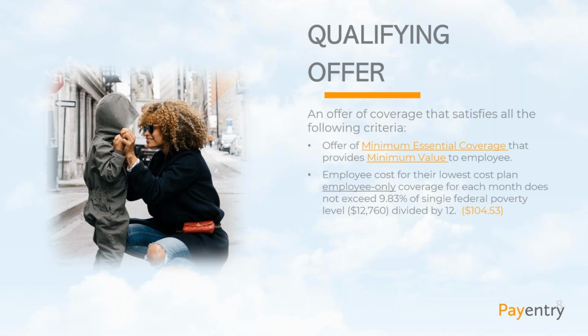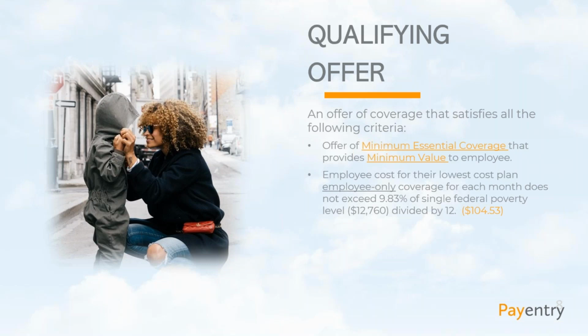The deduction for employee-only coverage for each month does not exceed, this year, 9.83% of the single federal poverty level, which is $12,760 divided by 12. That amount is $104.53.